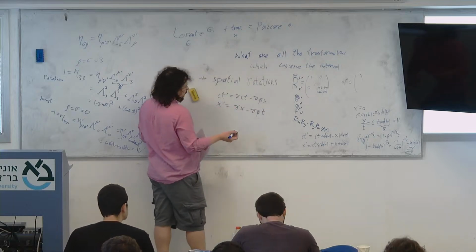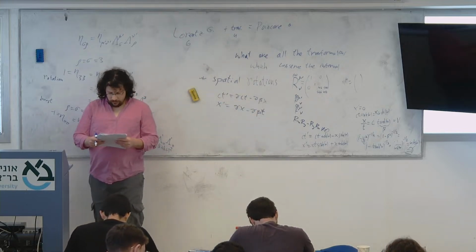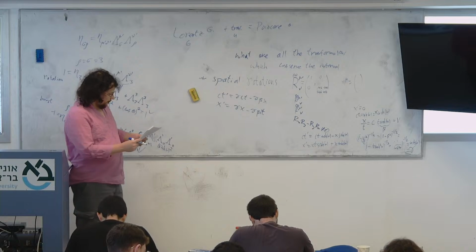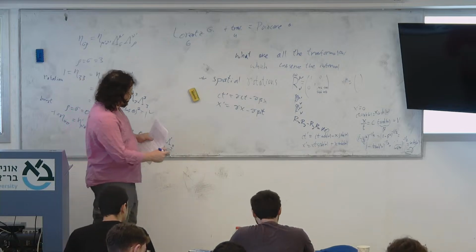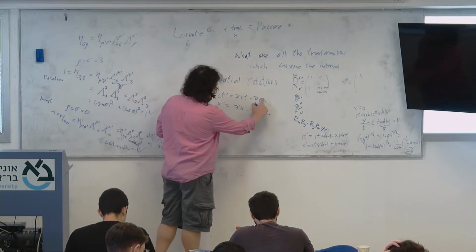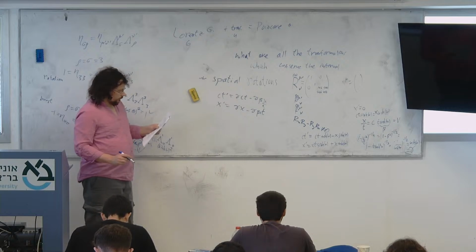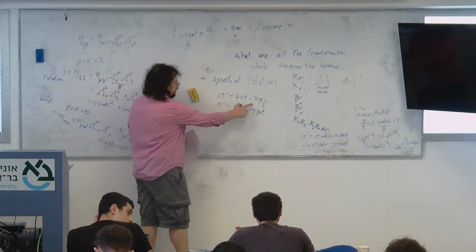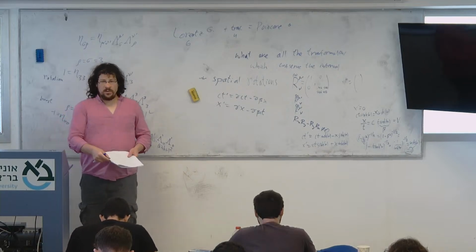And how many c's do I need here? I need 2 of them. Gamma x minus, you need 1 c. No, 1 c is enough. But here I need another division by c. I multiply by it. That's fine. Good. Questions up to now?